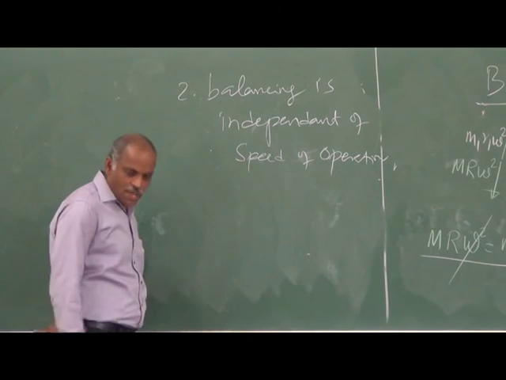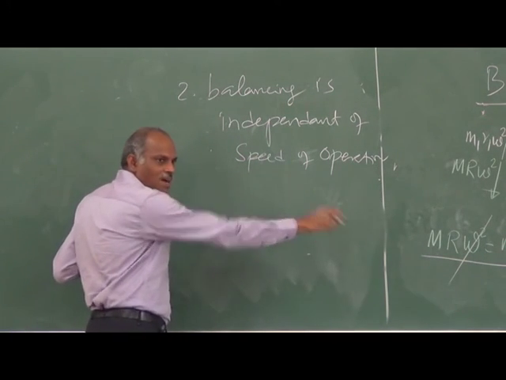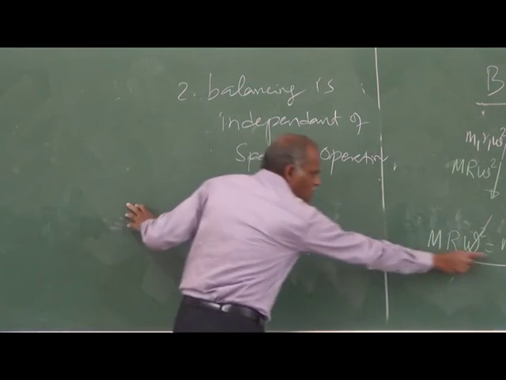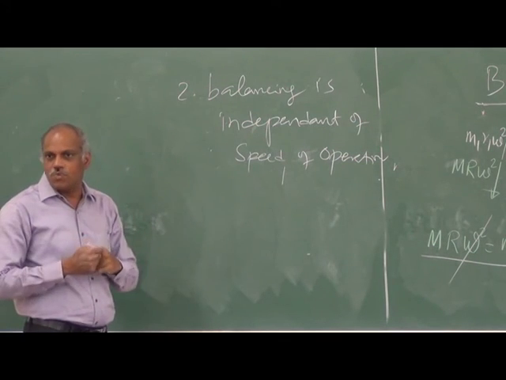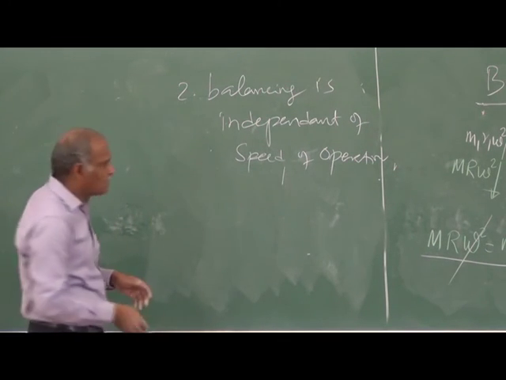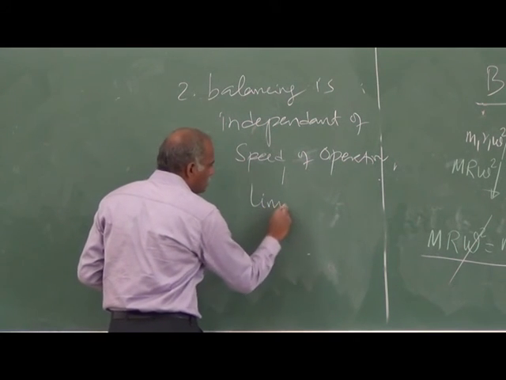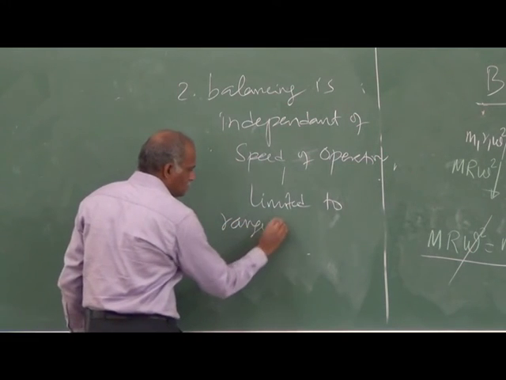But there is a caution, it is not always valid. From this equation it appears to be like this, but generally it is valid only for a certain range of speed. This inference is limited to a range of speeds.